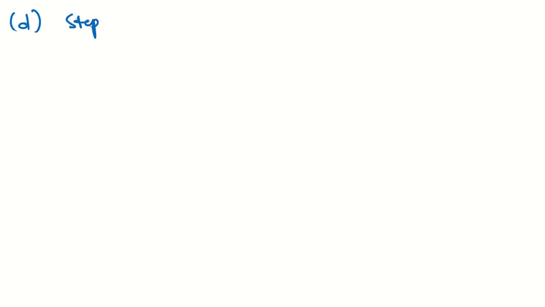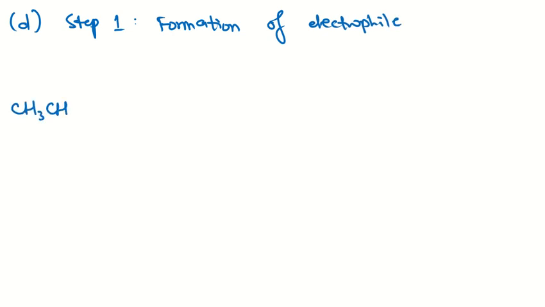So step 1, formation of electrophile. Okay, we have the isopropyl bromide and the Lewis acid catalyst, aluminium bromide.